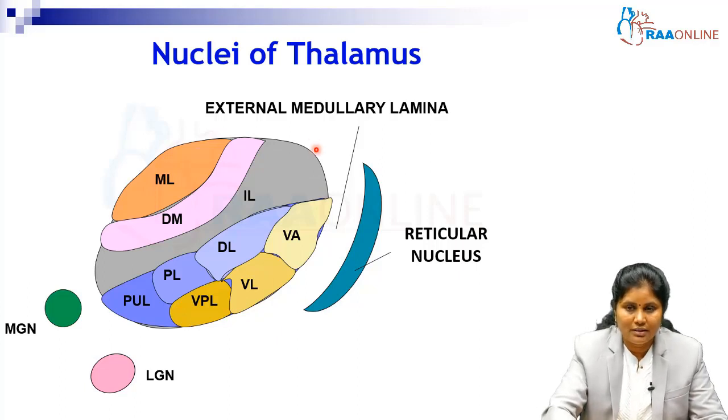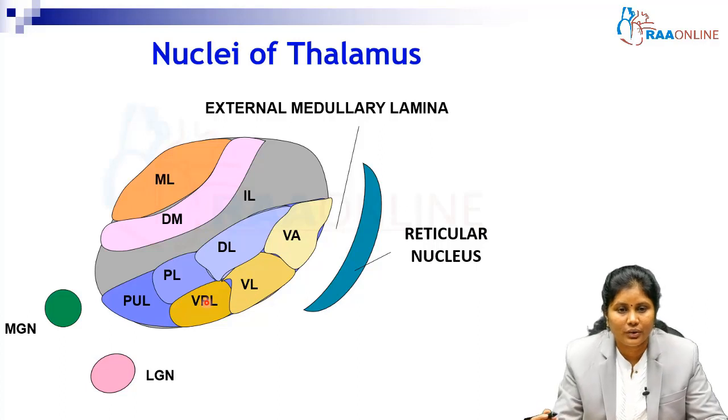So again, we have these different nuclei. This is the ventral part, this is the medial part. We have the midline nucleus, dorsomedial nucleus. In between, we have the intralaminar nucleus. This is the dorsal group of nuclei: dorsolateral, posterolateral, pulvinar. Then this is the ventral group of nuclei: ventro-anterior, ventrolateral and ventro-posterolateral.